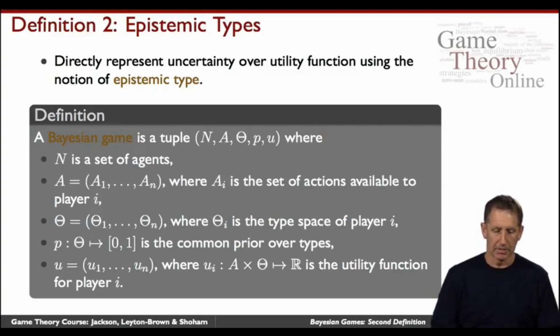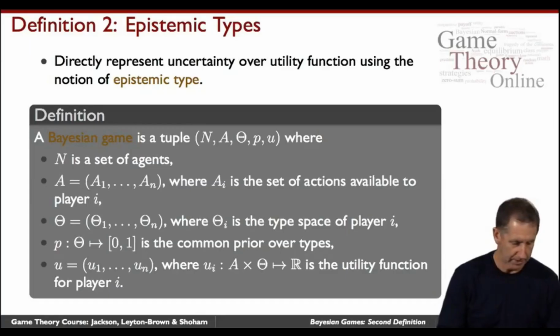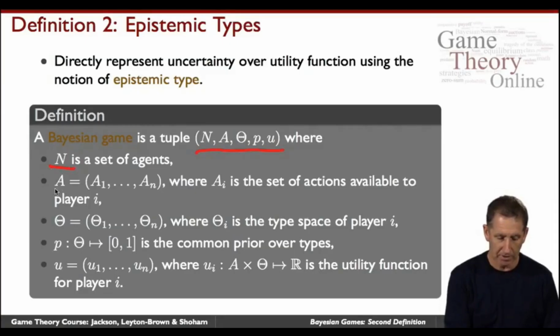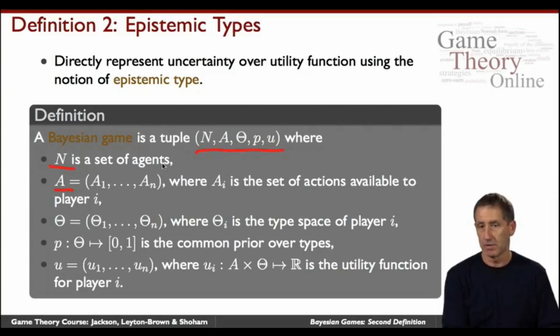Formally speaking, then, the Bayesian game is defined as follows. It's defined as this tuple. We have a set of agents. We have the actions available to the agent. So now we don't have sets of games; we have very directly the actions available to the agent.